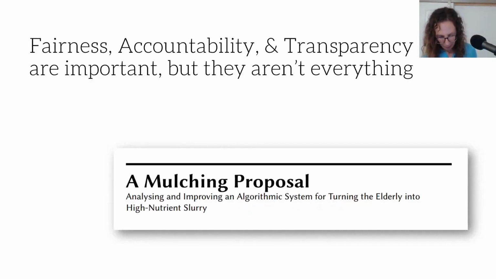And then I'll say, while bias and fairness, as well as accountability and transparency, are important, they aren't everything. There's this great paper, A Mulching Proposal, by Os Keyes et al. And here they talk about a system for turning the elderly into high nutrient slurry.